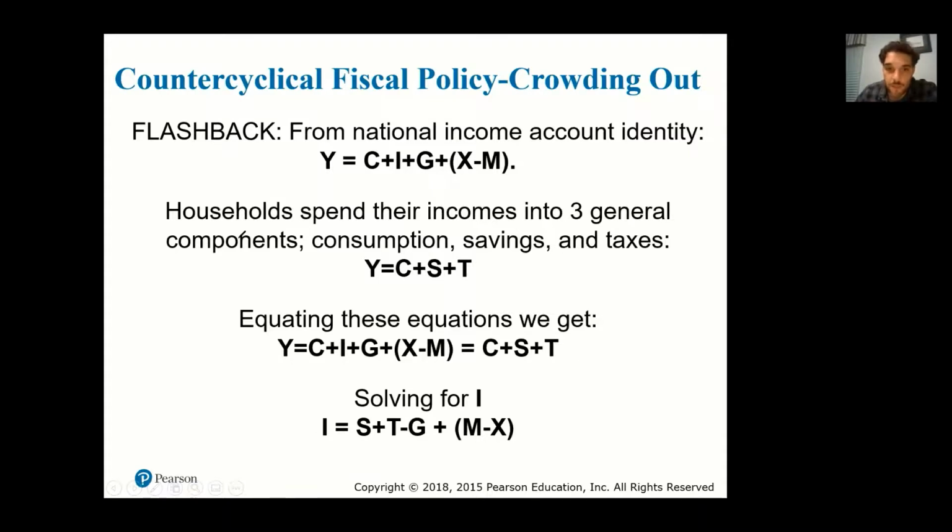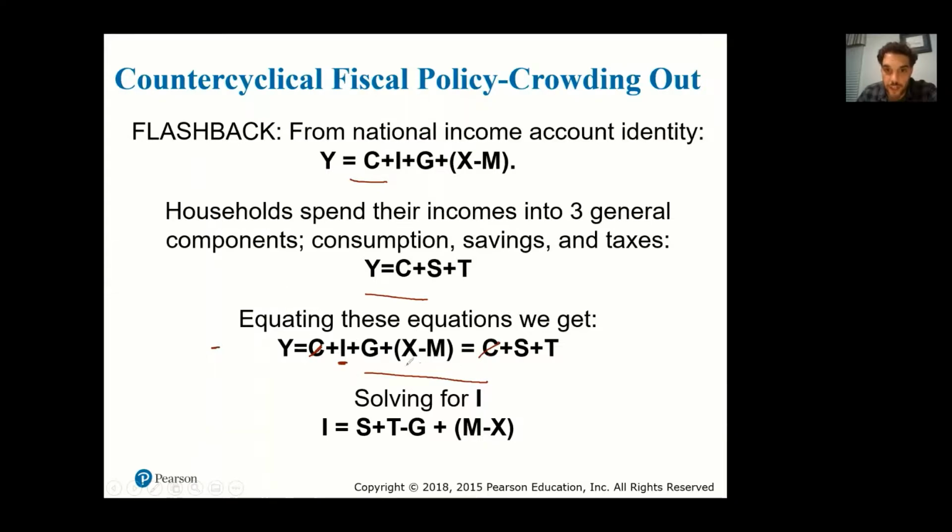So the way we solved for this was, if we take a look over here, we set these two equations equal to one another. And how do we solve for I? Well, we subtracted C from both sides, which cancels out the C's. We then tried to just isolate this investment term, this I. So what do we do?